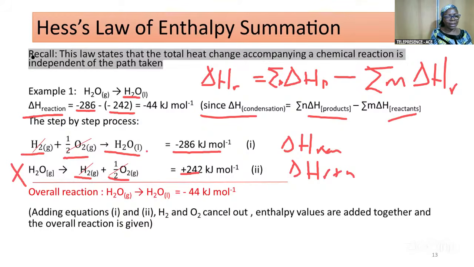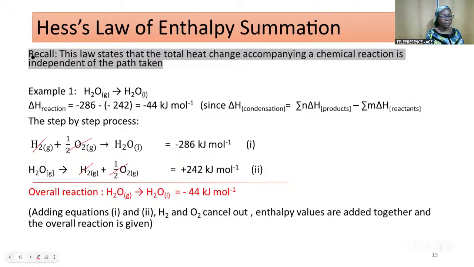But then the breaking down of it is going to change the sign. So once we arrange it in that manner that we can cancel out some expressions, we can as well do the overall reaction, do the calculation. So once you do this, all you need to do is to cancel out all the intermediates. And that is what I have done here.